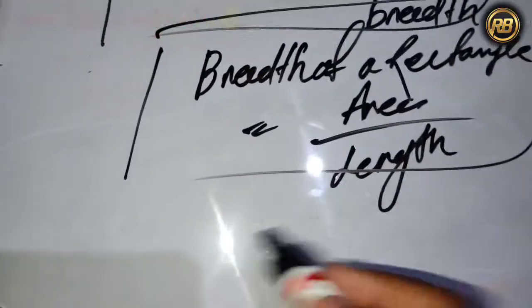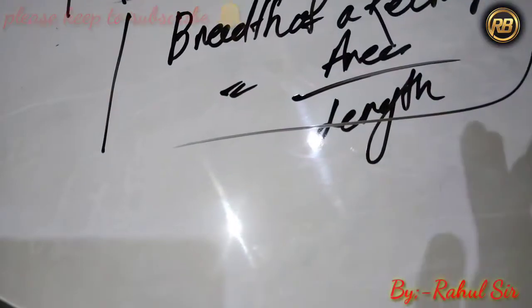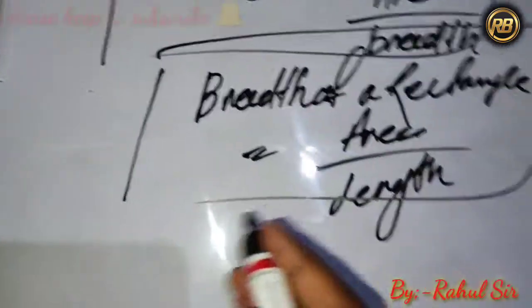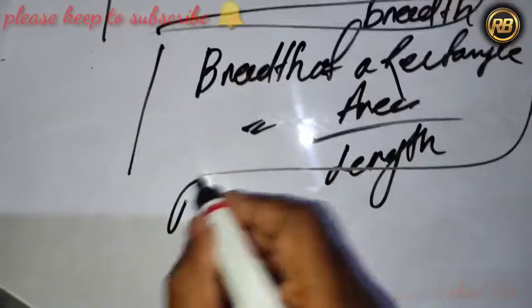Now we find the last and most important term, the perimeter. What is the perimeter of a rectangle and what is the diagonal of a rectangle?